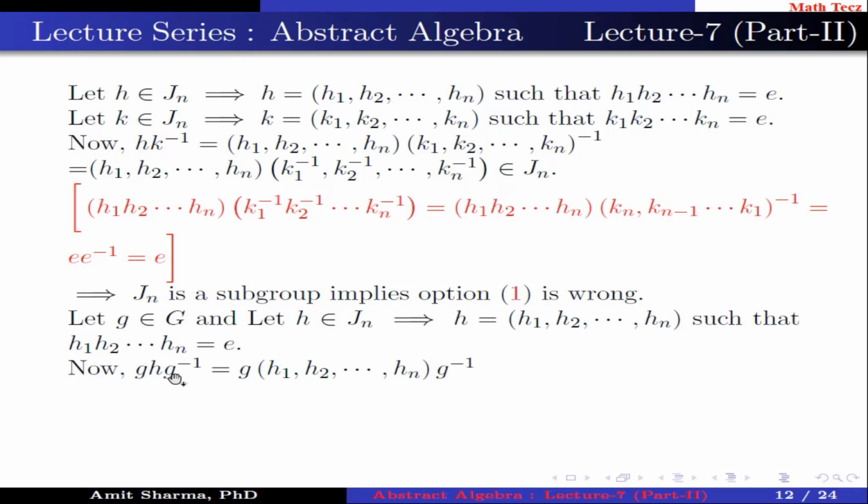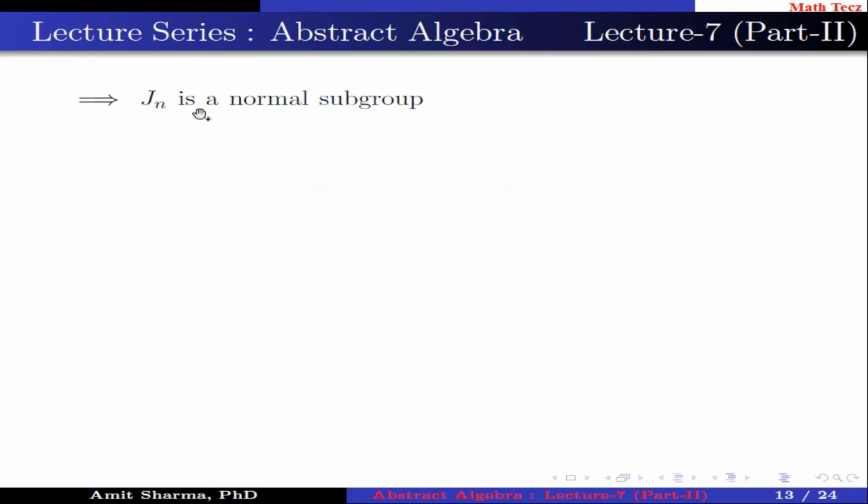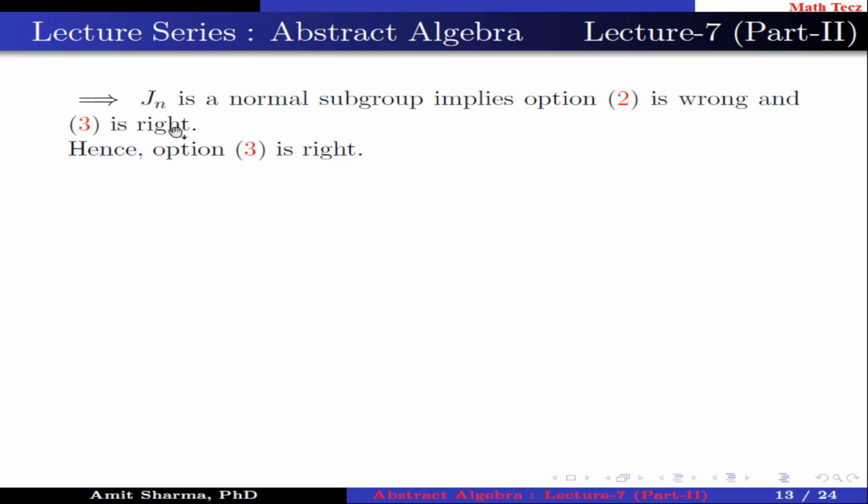Now ghg inverse is equal to (gh1g inverse, gh2g inverse, up to ghng inverse), which belongs to Jn, because the product of gh1g inverse, gh2g inverse, up to ghng inverse is identity. Implies Jn is a normal subgroup. Implies option 2 is wrong and 3 is right. Hence, option 3 is right.